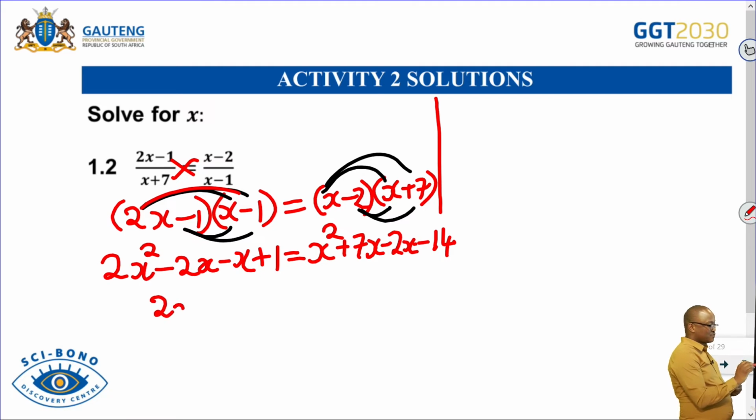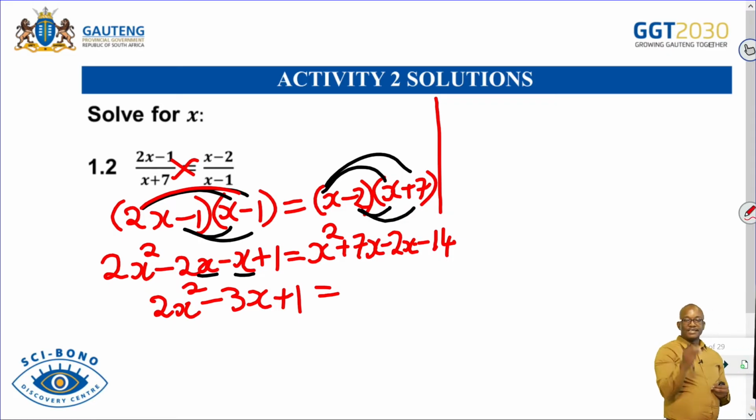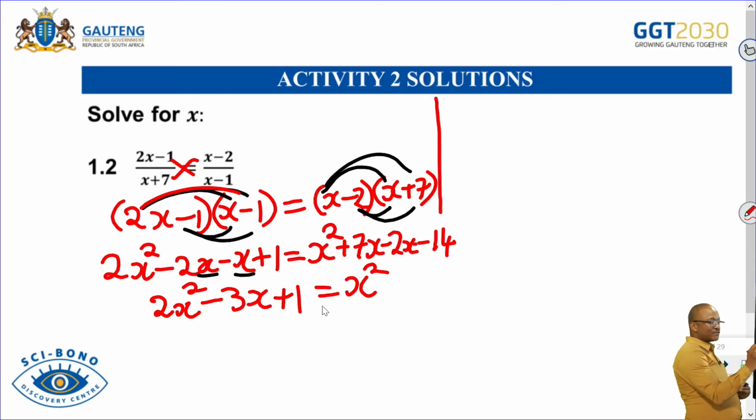You will have 2x squared minus 3x plus 1 is equal to, remember, x and x are the like terms, and negative 2 and negative 1 give you negative 3. Then for x squared, 7 minus 2, because these are like terms, you will get positive 5x minus 14.